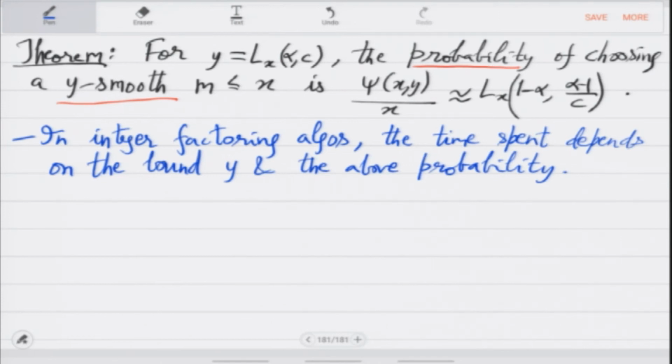So you have to try these many numbers to get a smooth number. Okay, so actually the time complexity of integer factoring uses this L function.